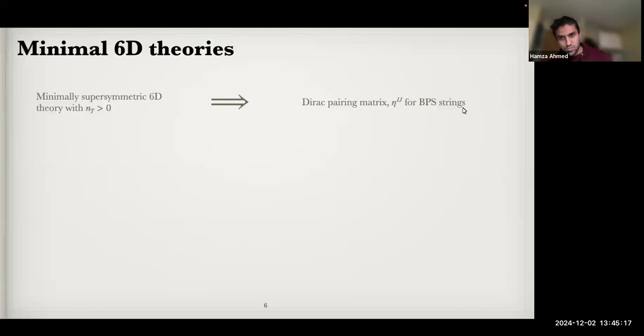You can think of this pairing matrix as the analog of the Dirac quantization we have in 4D for monopoles and electrically charged particles. But in 6D you have the same thing for strings. And it turns out that the determinant of this matrix actually determines the UV completion of your 6D theory.